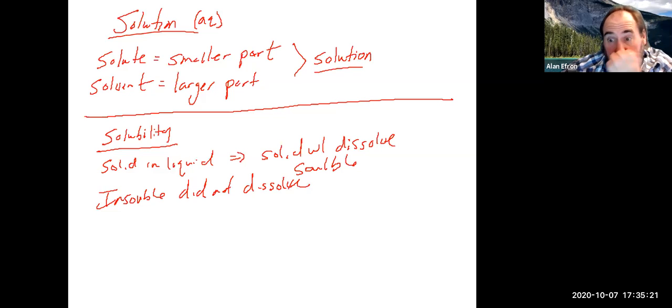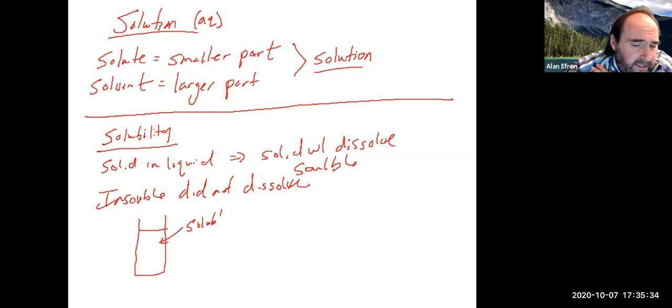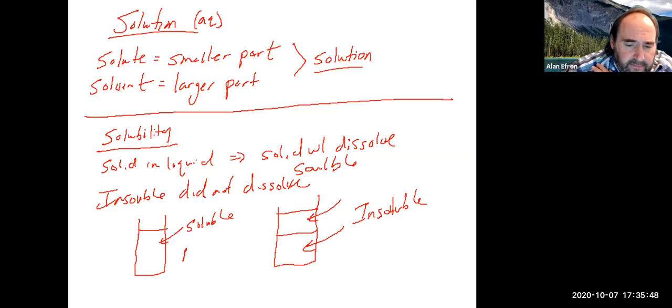We also could talk about solubility of two liquids. When we mix two liquids together, if they do mix together, they would be soluble and look like this. All looks like one liquid. If we had two liquids that we mix that are insoluble in each other, we would see different layering happening.